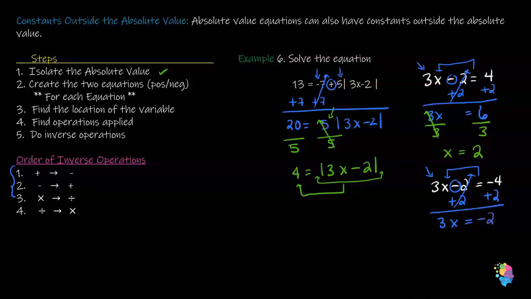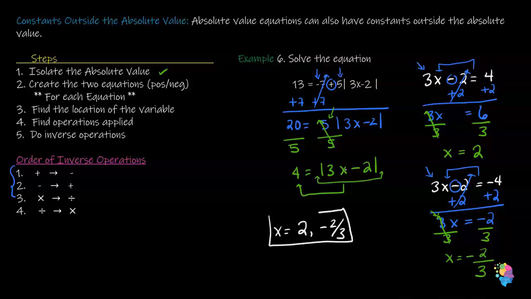We get rid of this multiplication by 3 by dividing both sides by 3. This goes to 1, remember, so we just write x is equal to, well, 2 cannot be divided by 3 evenly. This is a proper fraction, so we're just going to leave it as minus 2 over 3. So then the two solutions for this particular absolute value are 2 and minus 2 divided by 3.